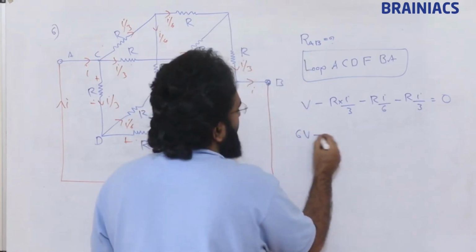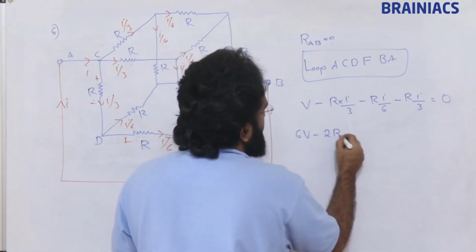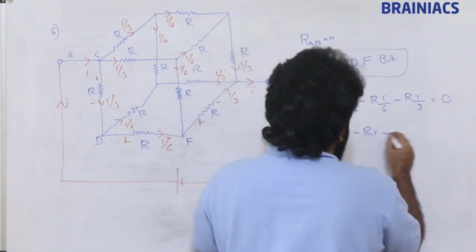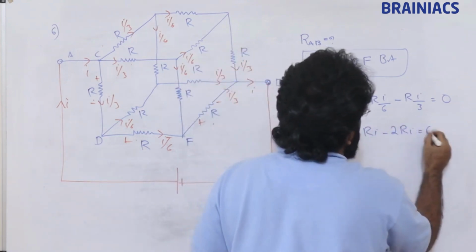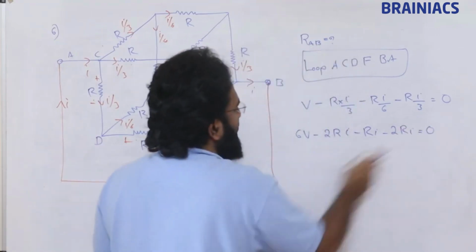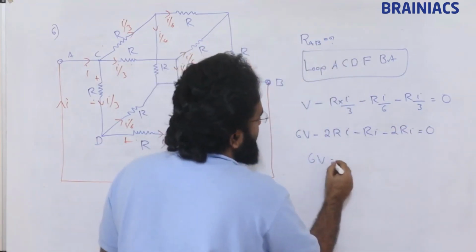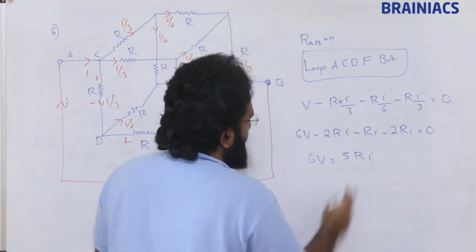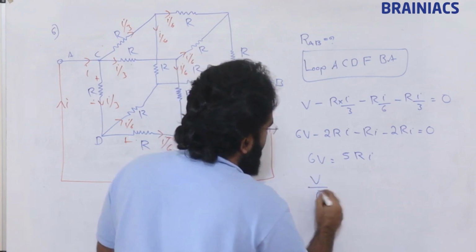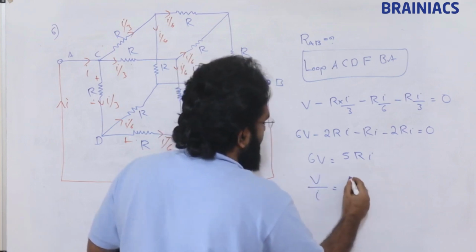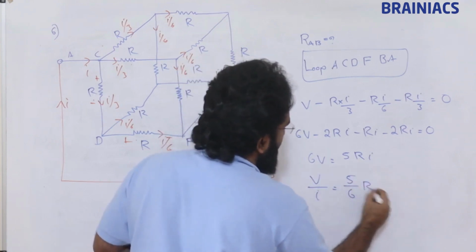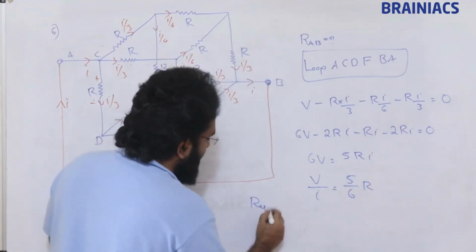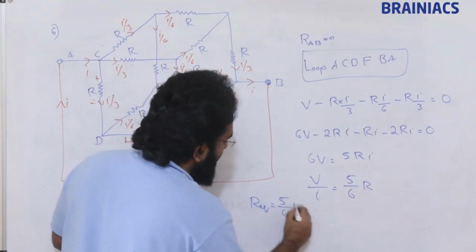So 6V minus 2RI minus RI minus 2RI is equal to 0. This will go there. So 6V is equal to 5RI. So V by I, what we will get? 5 by 6 R. So from this, R equivalent is equal to 5 by 6 R.